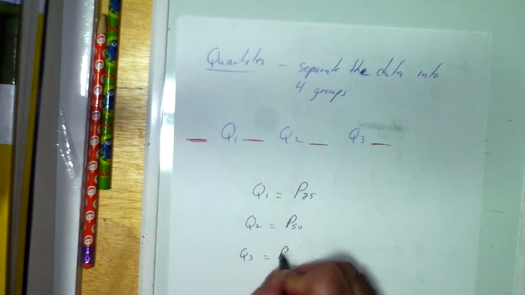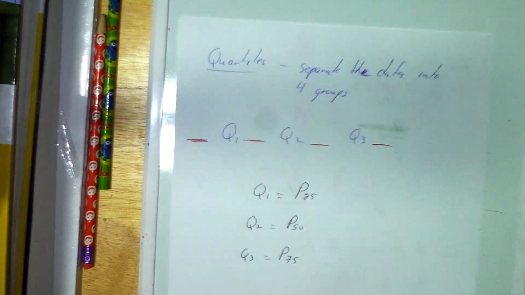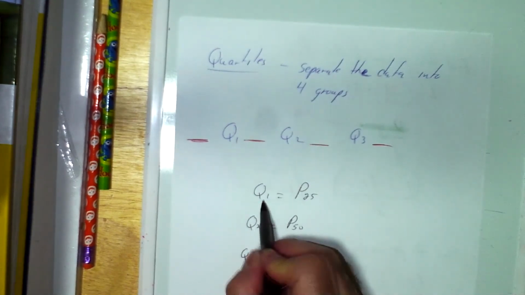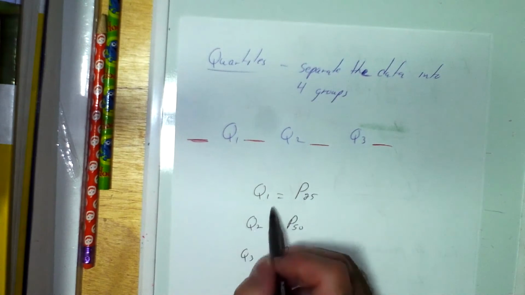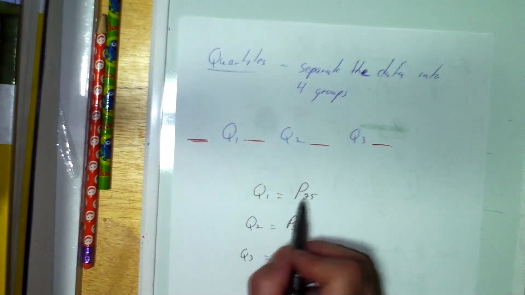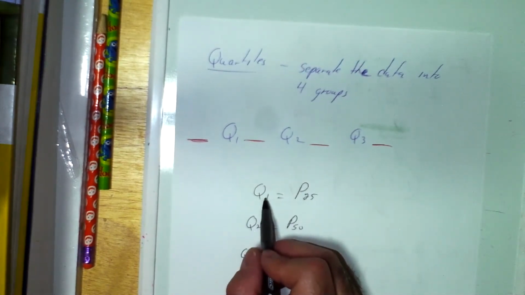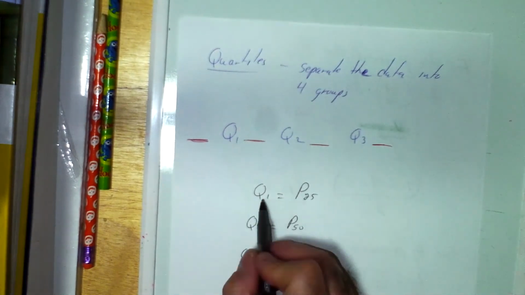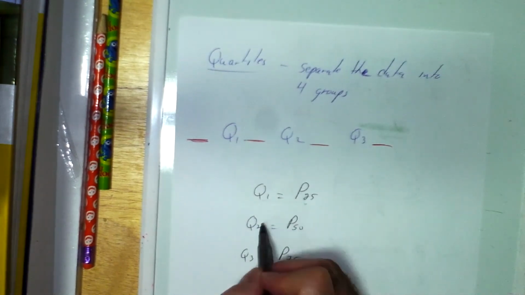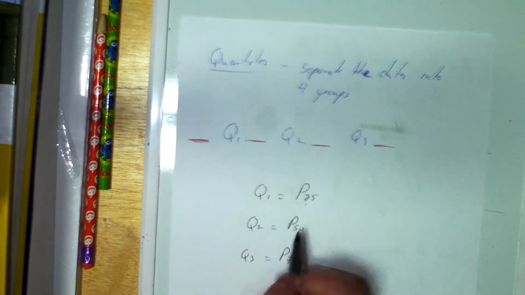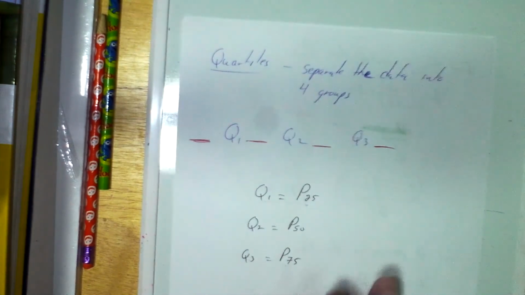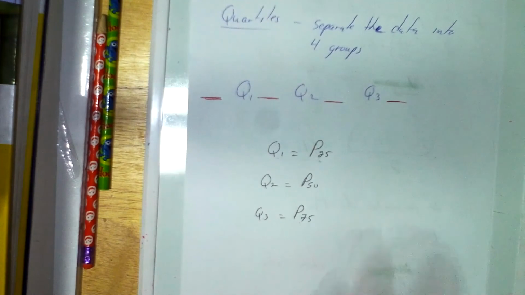Q3 is really P75. So if you guys see these Qs, all you have to do is convert Qs to a percentile. Q1 is P25. Q2 is really P50. Q3 is really P75.